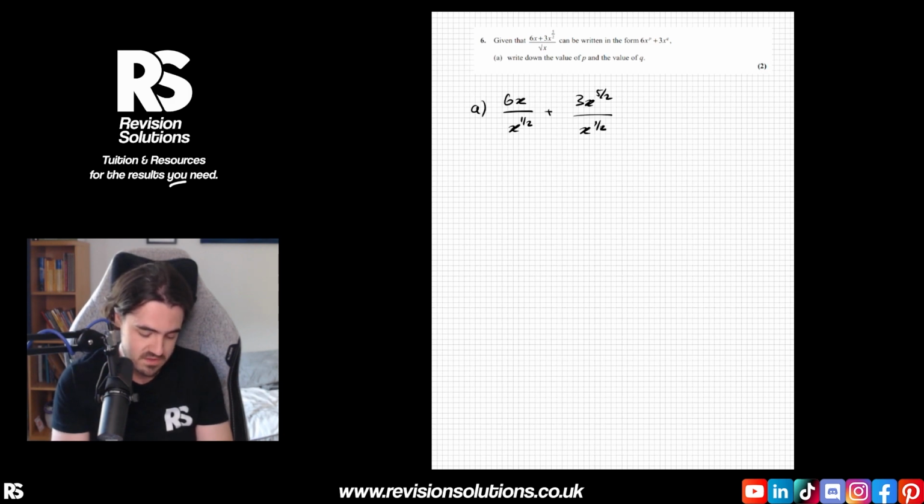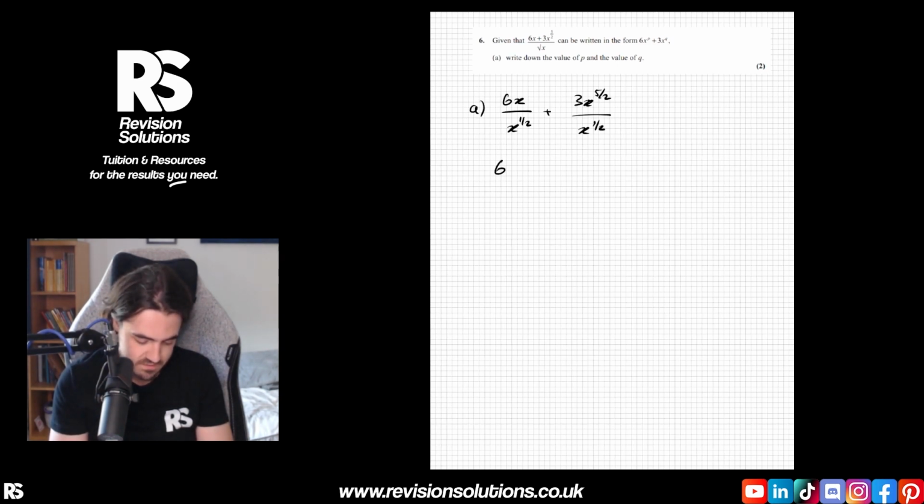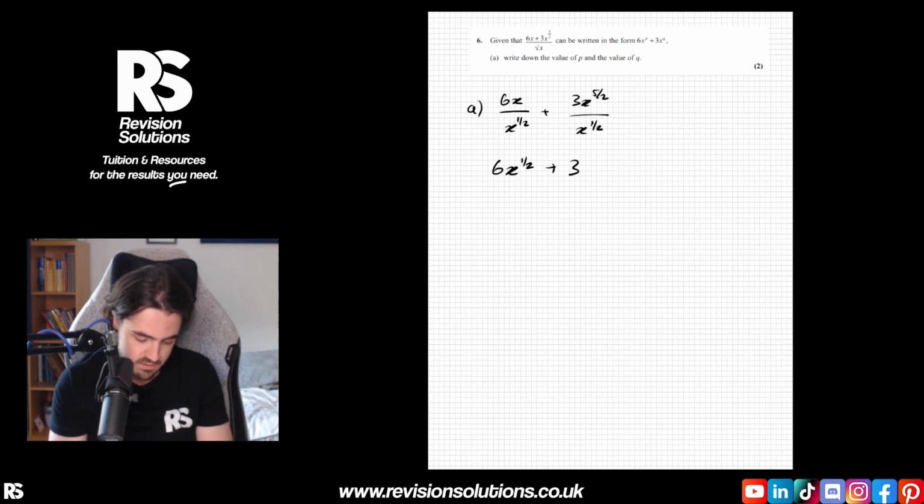In the first case, x^1 over x^(1/2), so 1 minus a half is a half. So we'd be left with 6x^(1/2). And then the second case, 5/2 minus a half would just be 4/2, or 2. So we'd have plus 3 lots of x squared.